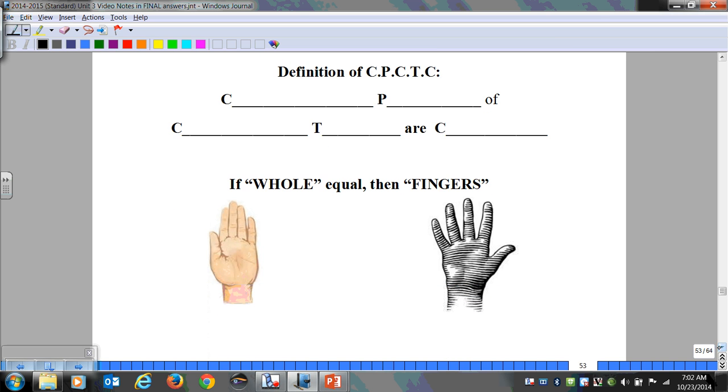And that is the definition of the acronym CPCTC. It's a really fancy acronym for something super simple, so don't let the long acronym freak you out.